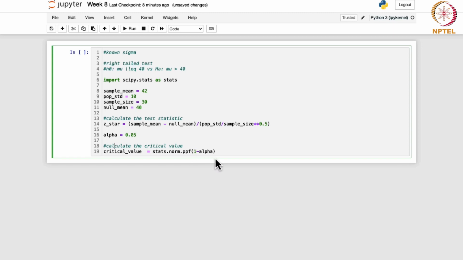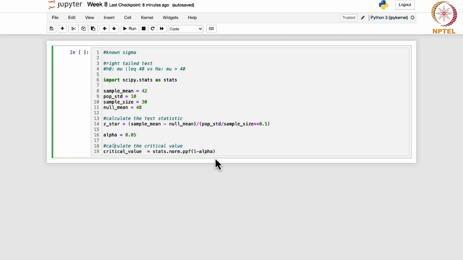The reason is that we are working with this ppf function, which is the primary function in Python for finding the critical values. It is going to return the z score such that the area to the left of this score is 1 minus alpha. Below the curve, if you go beyond z alpha, that would be the alpha region where we reject the null hypothesis, and that is what we consider in the theory. Now when you consider the left side of it, that is 1 minus alpha.